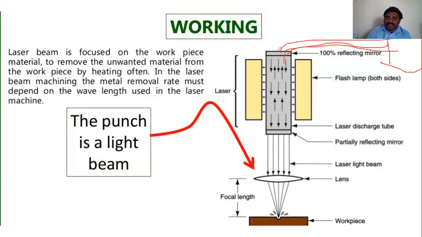There is a ruby crystal. The electric energy is converted into light energy, then this energy converts into heat energy.